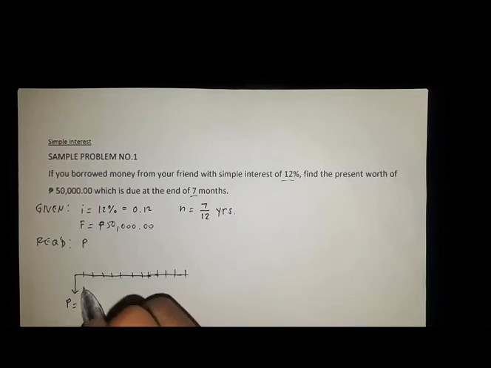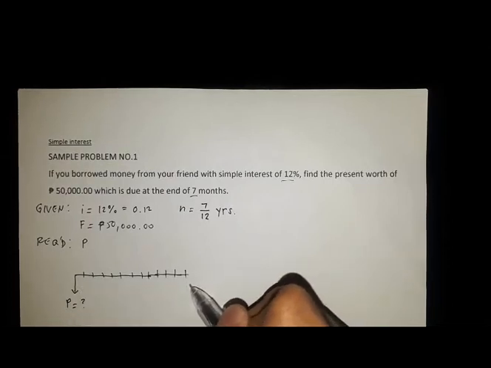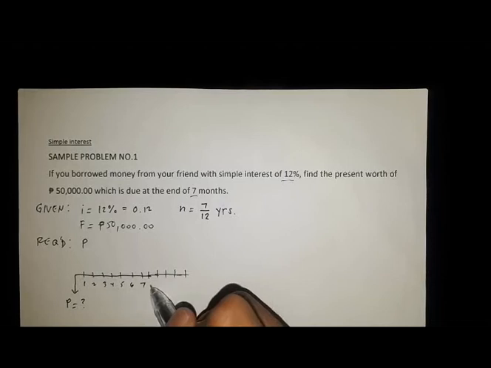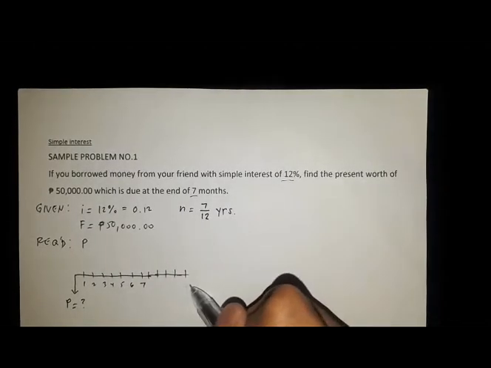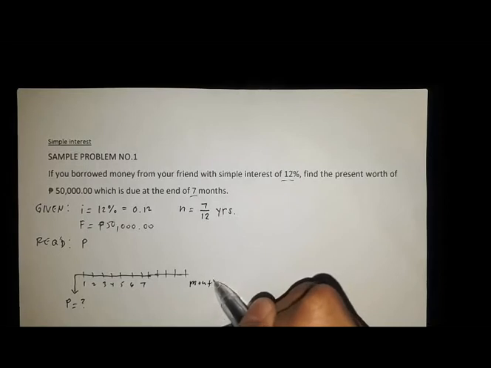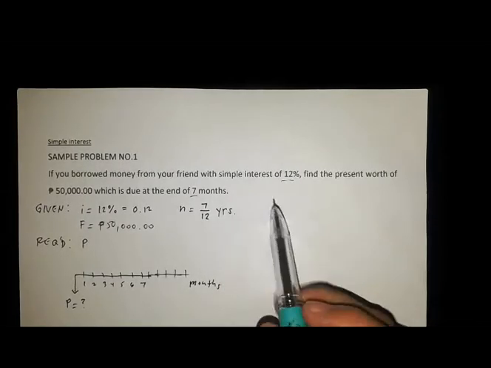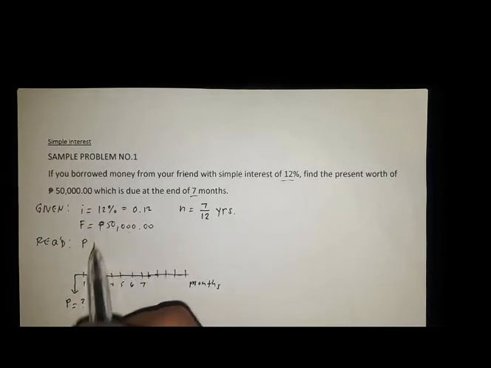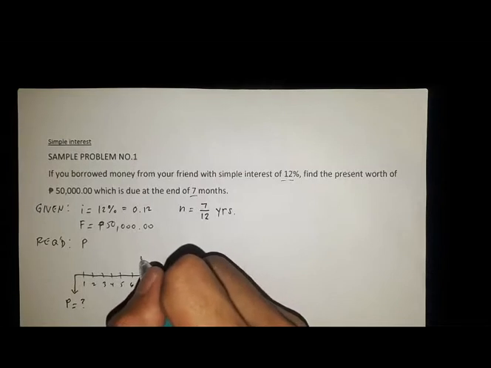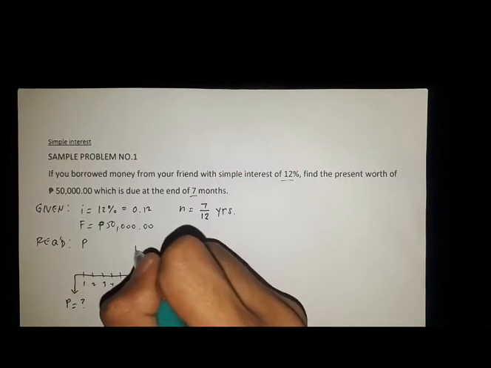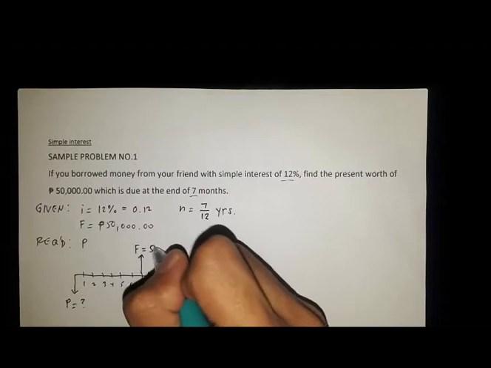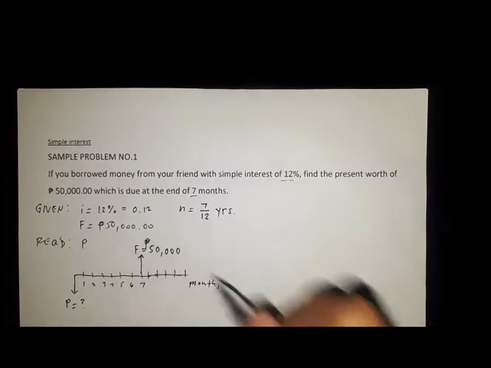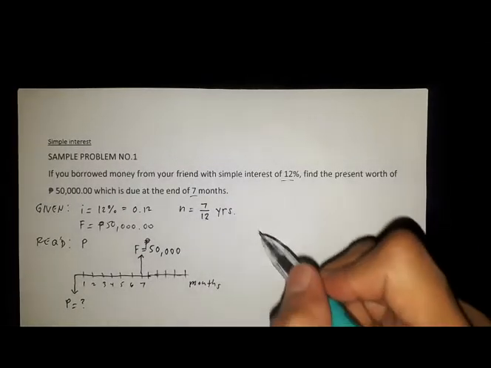So this is the number of months. Your future worth of 50,000 is due at the end of 7 months, which is located here. F is equal to 50,000 pesos.